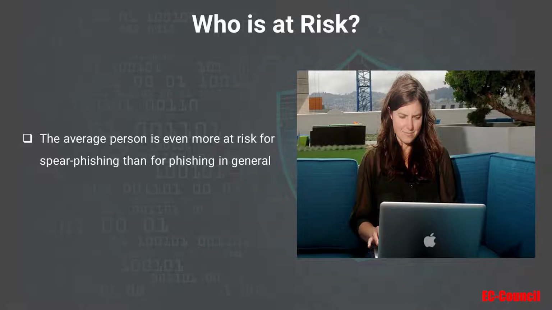According to a report from the cybersecurity researchers at FireEye, spear phishing emails had an open rate of 70%. Further, 50% of recipients who open spear phishing emails also click the enclosed links, which is 10 times the rate for mass mailings. Consequently, the average person is even more at risk for a spear phishing attack than a more general phishing attack.